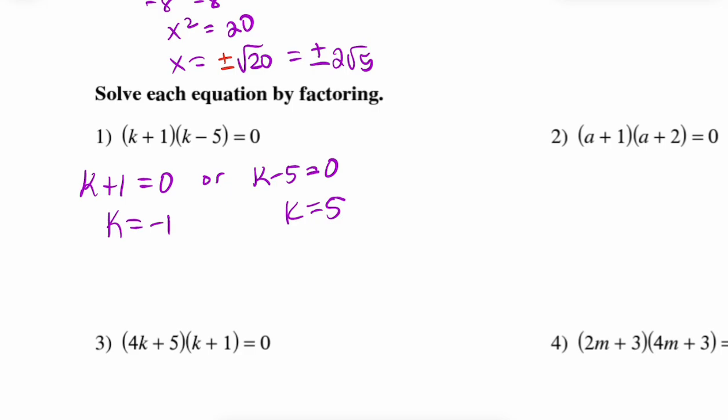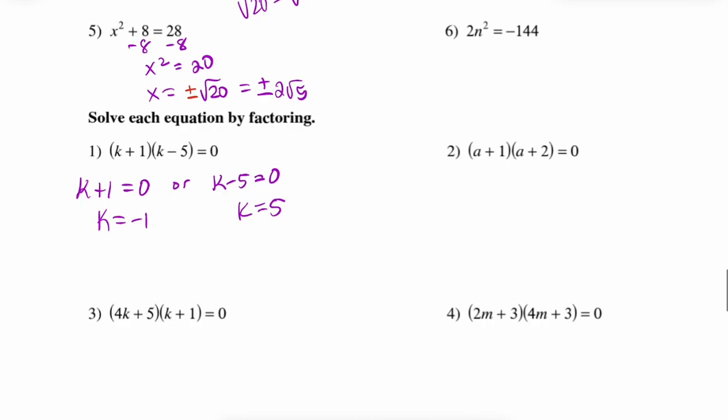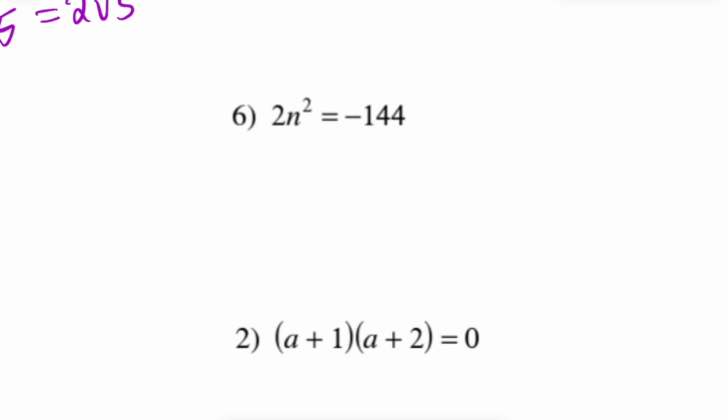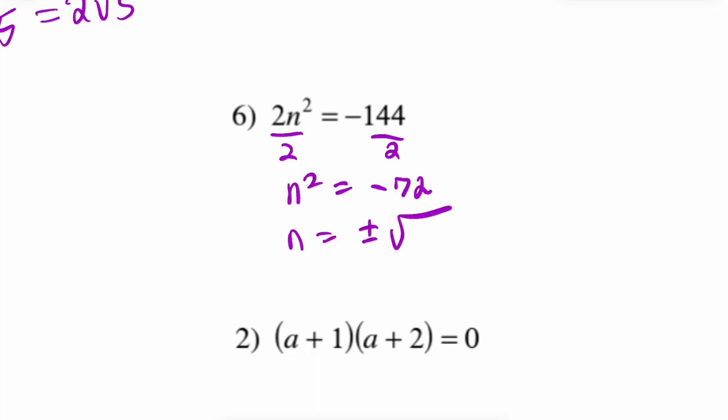Yes, please. So for number 6, it was noted that we've got that negative there. So first divide by 2. And then when you take the square root, you are taking the square root of the negative. So that is not done.